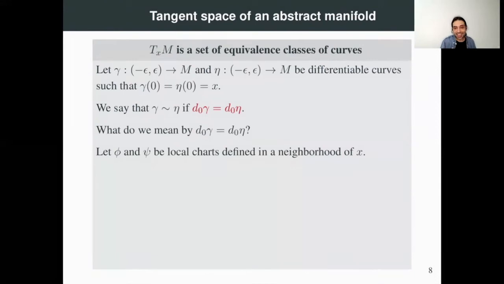Since we can actually define these concepts in Euclidean spaces, using local charts is natural. And we say by definition that the differentials of gamma and eta at 0 are the same if the differentials of gamma composed with phi and eta composed with phi coincide at 0. This is a definition, okay?